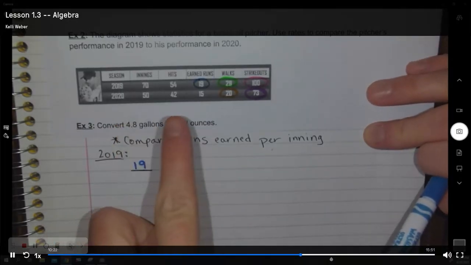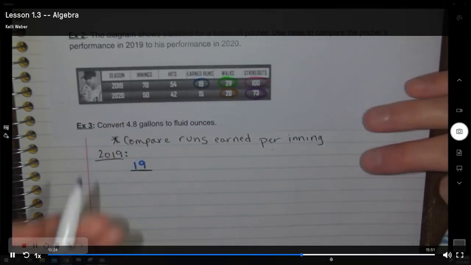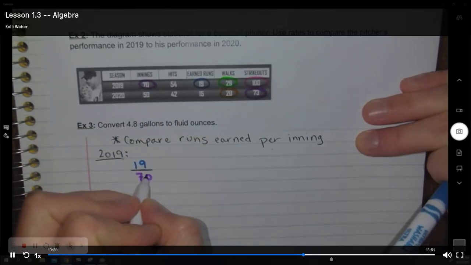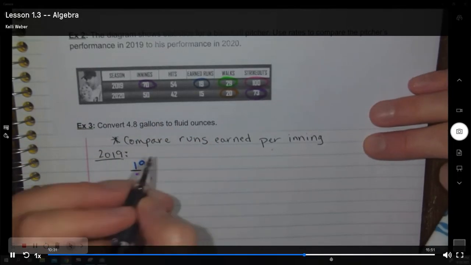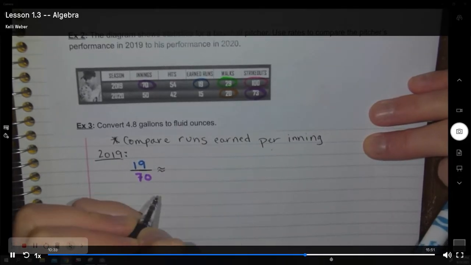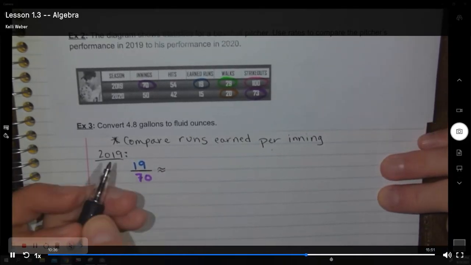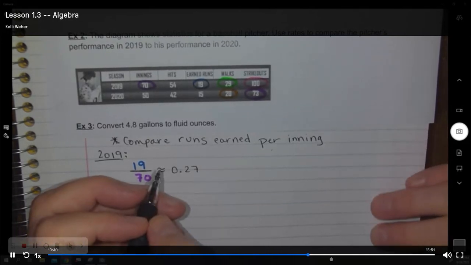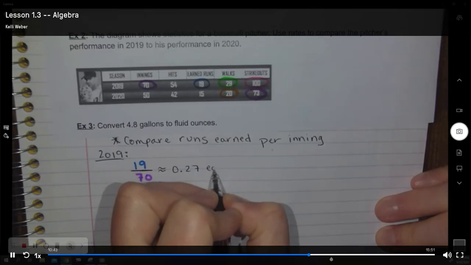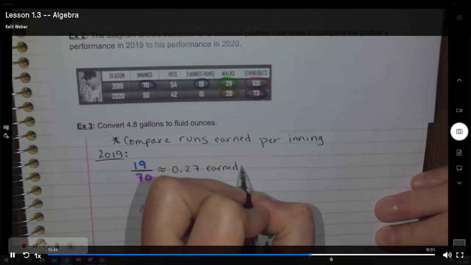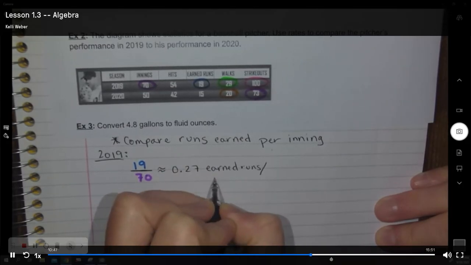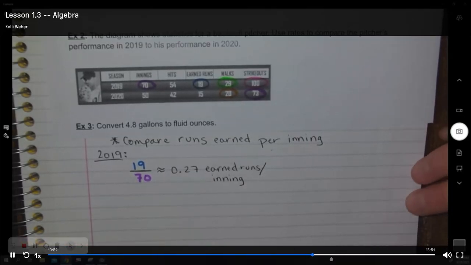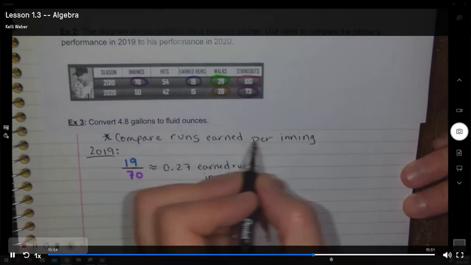And our innings pitched for this person was 70. So we're going to do our division. 19 divided by 30 gives us approximately 0.27 earned runs per inning. So less than 1 run per inning for 2019.